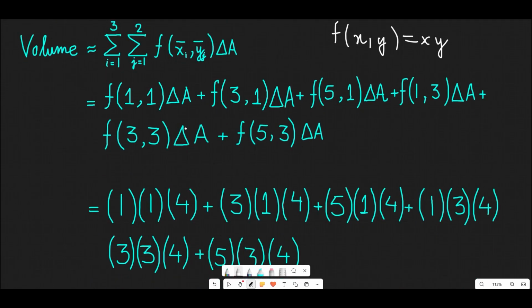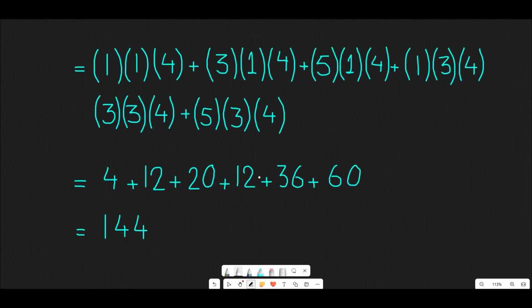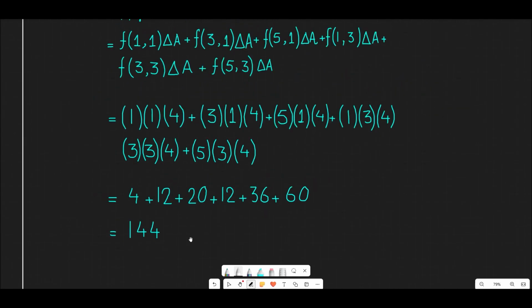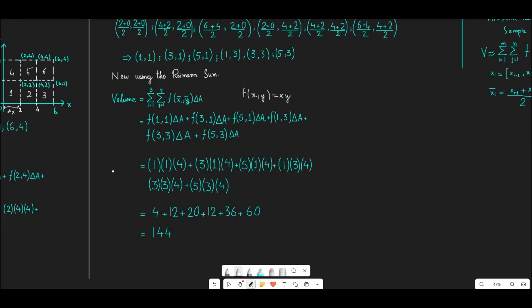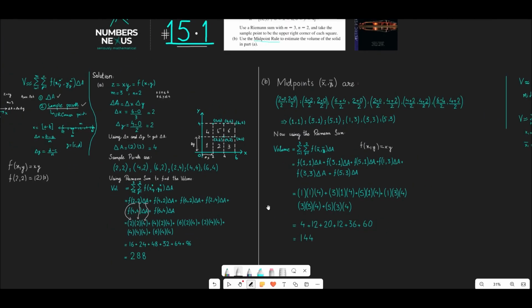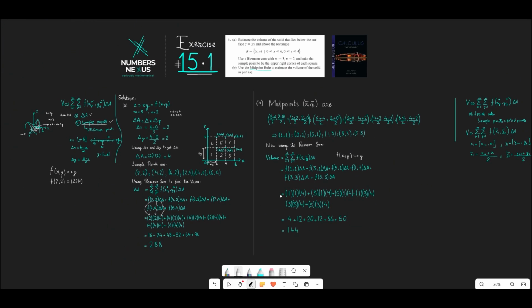This is 1 into 1, and this 4 is again delta A, and similarly so on. Then find the product of each term and calculate the sum of this expression, and we get our answer for part B, which is 144 units. So this was the solution for question number 1 of Stewart Calculus, ninth edition, exercise 15.1.